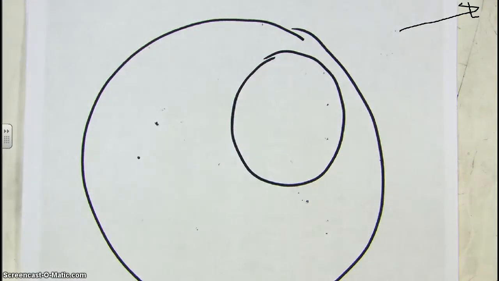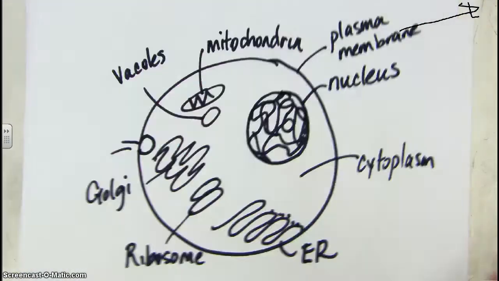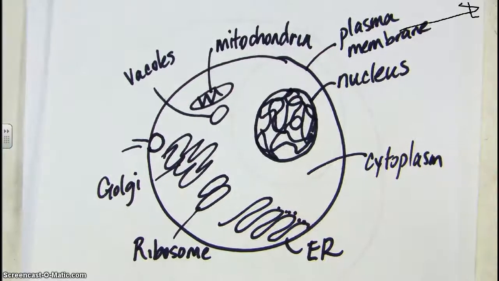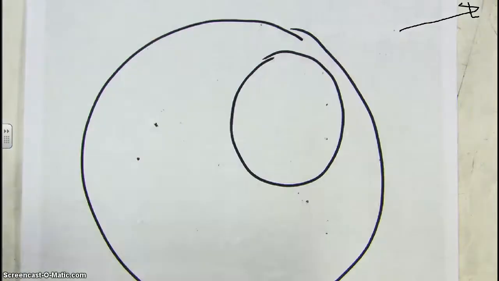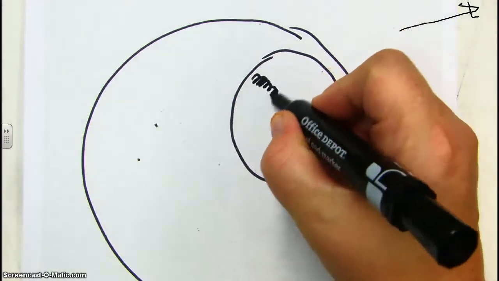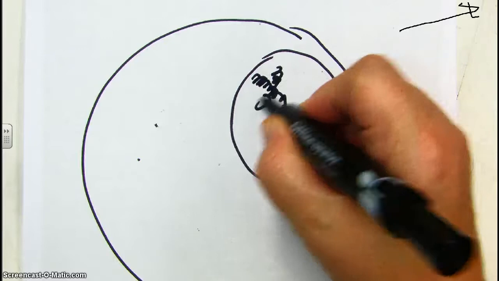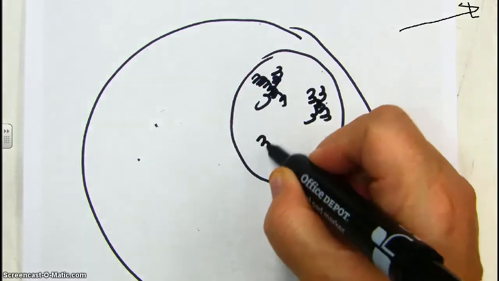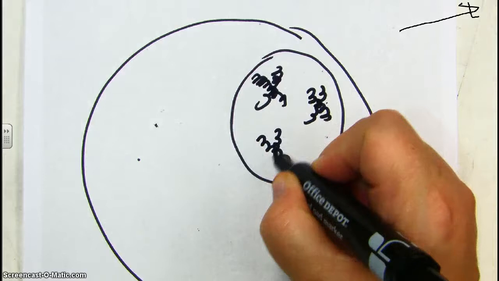So remember, I told you that normally the DNA is all wound up in a big mess, sort of like Christmas lights. When a cell is getting ready to divide, what it does is it organizes that DNA into nice tight coils called chromosomes, okay? So chromosomes are made of DNA, it's just tightly coiled DNA.